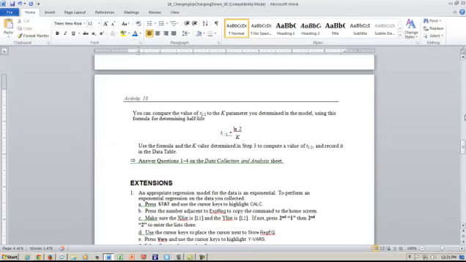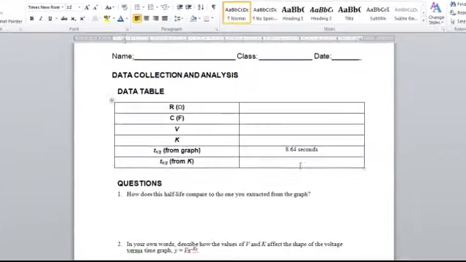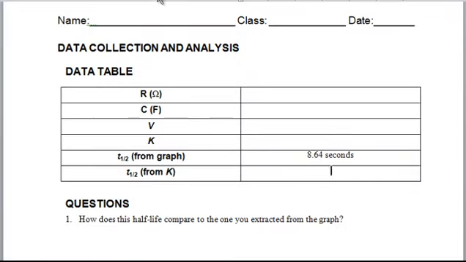That takes 8.66 seconds to have half the voltage in that capacitor based on the k value that I had there. And so I can take that value, go to my data table, and for T half from k, I can write 8.66 seconds.